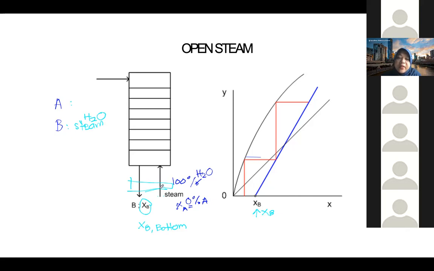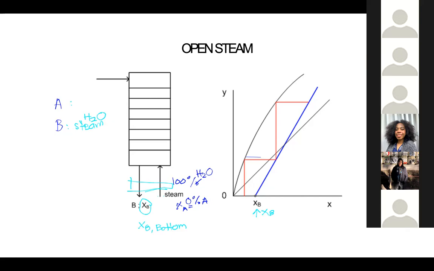So what is the composition of A in the steam? Zero, ma'am? Yeah, that's good. So that is 0. Okay, good, Helena. So the composition of the steam, this is the Y, is 0.